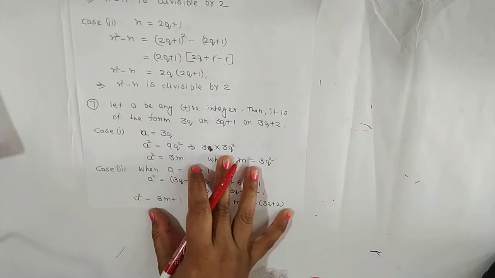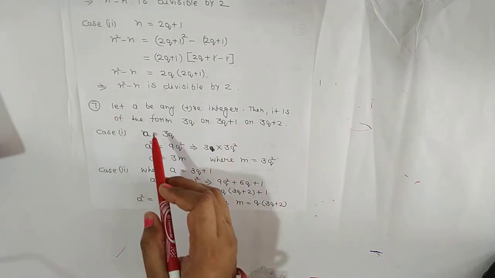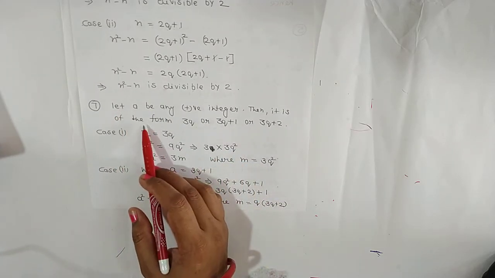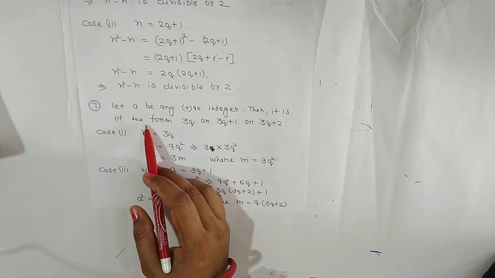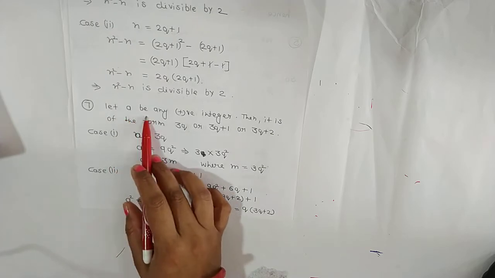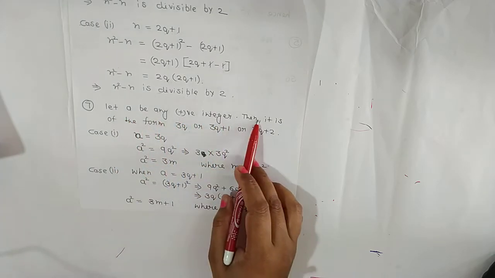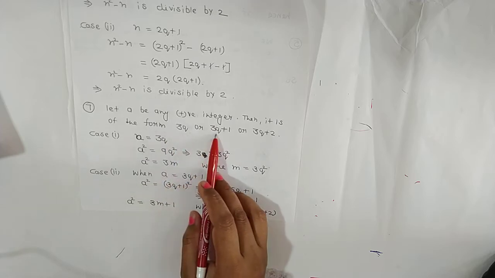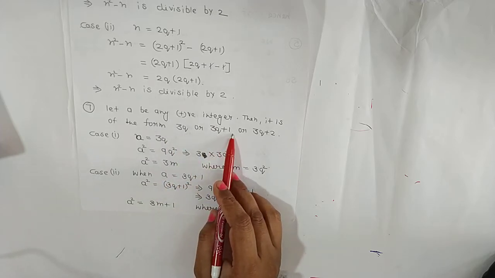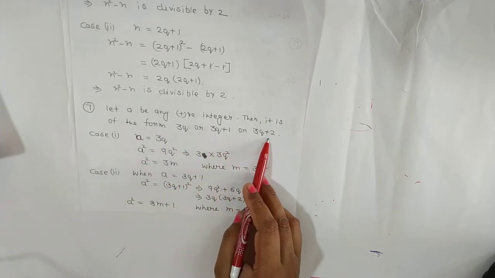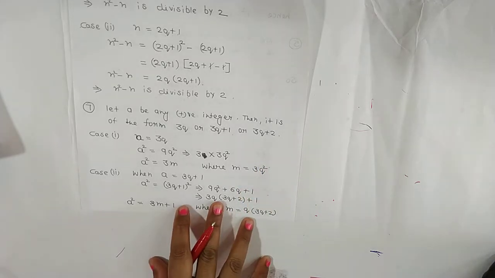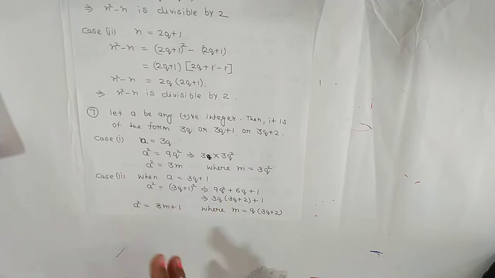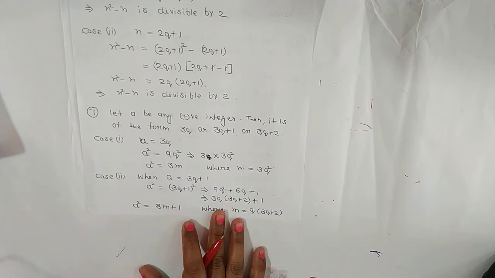Now question number 7. Show that the square of any positive integer is of the form 3m or 3m plus 1 for some integer m. So let a be any positive integer, then it is of the form 3q or 3q plus 1, or 3q plus 2, so we have 3 cases.